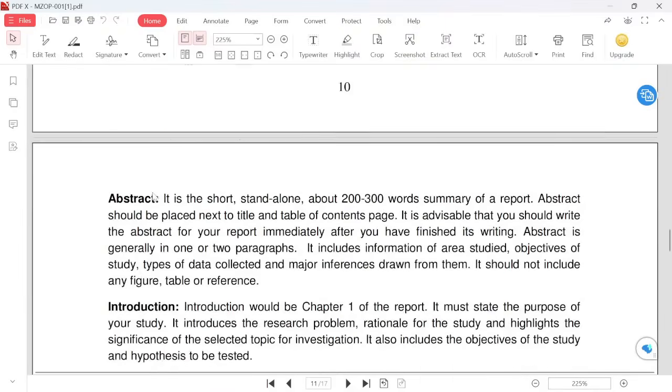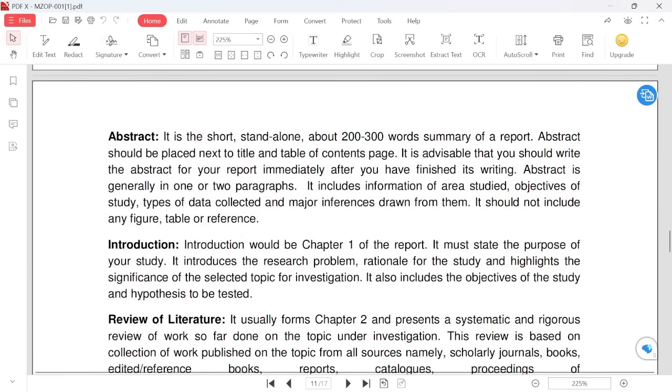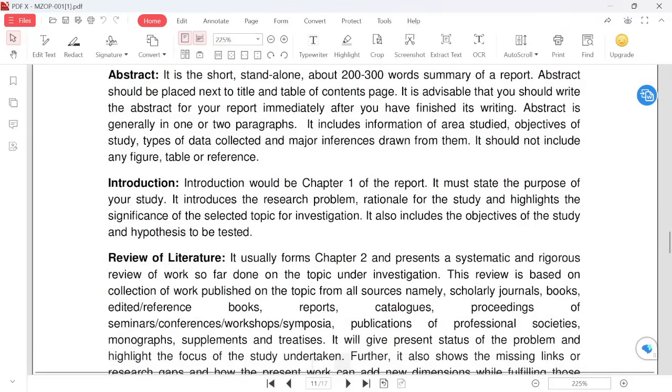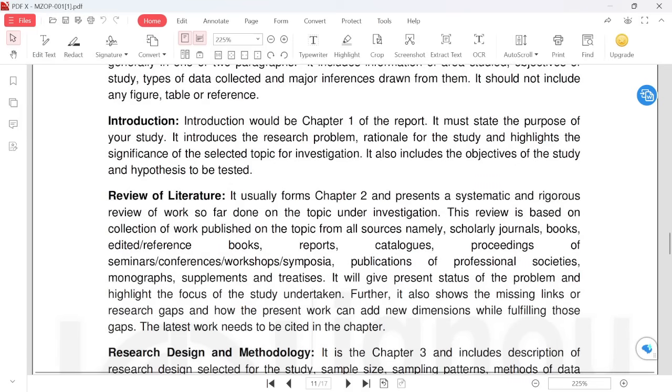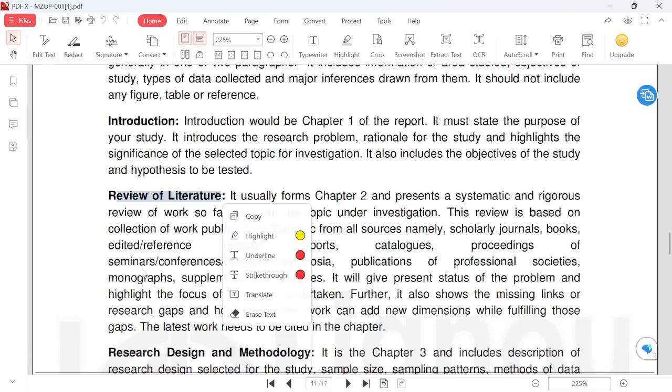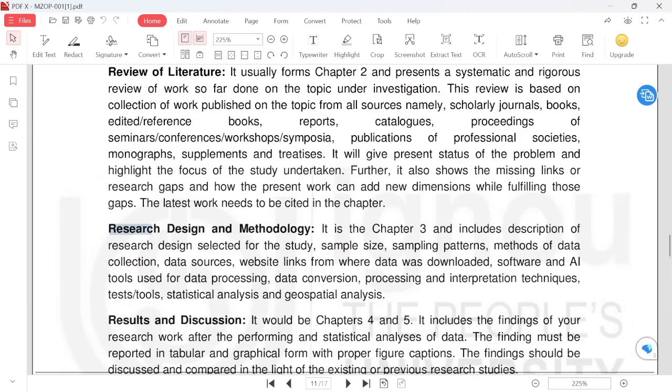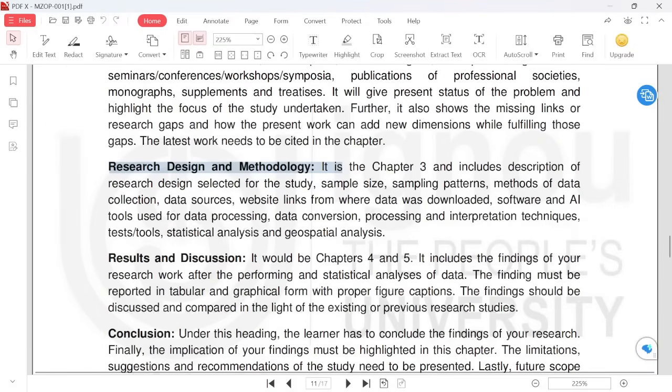Table of contents would be at fourth place, and then you have to write an abstract in 200 to 300 words, and start the chapterization. Chapter 1 would be introduction, chapter 2 would be review of literature, chapter 3 would be research design and methodology. Research design and methodology is a very important thing.